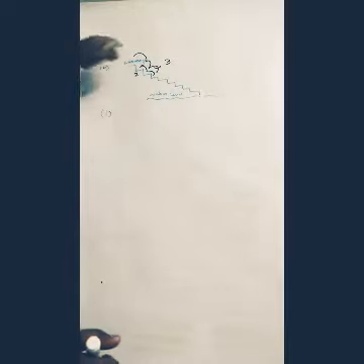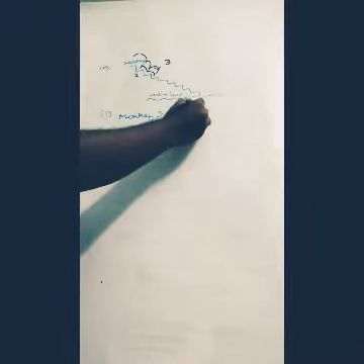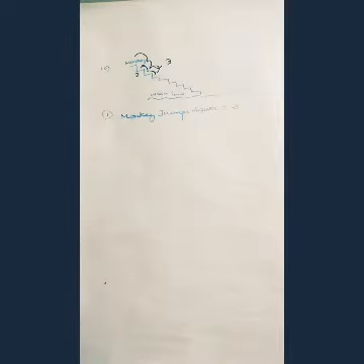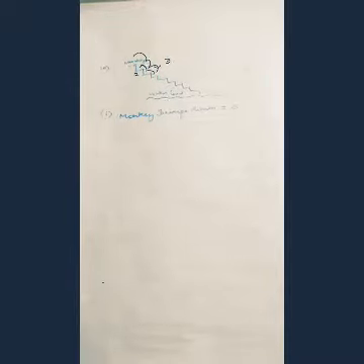So the water level is at the 9th step, right? So from 1 to 9 he is moving. So when the monkey jumps down, it is jumping down 3 steps. So from 1 to 9 he is reaching, right? So we are representing it as positive integer.